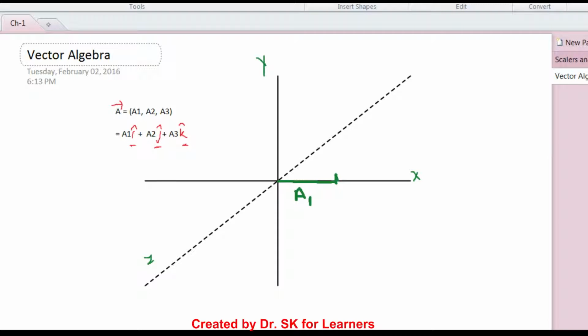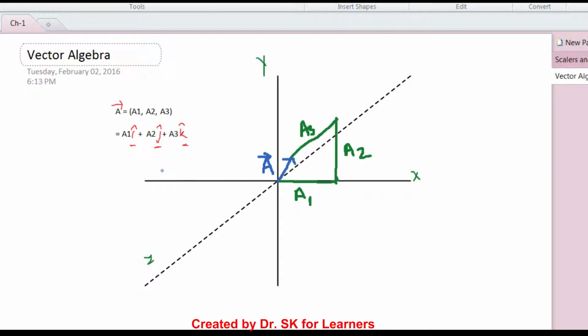Then we move towards the y-axis, which is a2, and then we come out of the page towards the z-axis, and the distance will be a3. When we finally reach here, we join the origin of this vector. We join like this, and this will be our vector A. So finally we arrived at the vector with its resolved components.